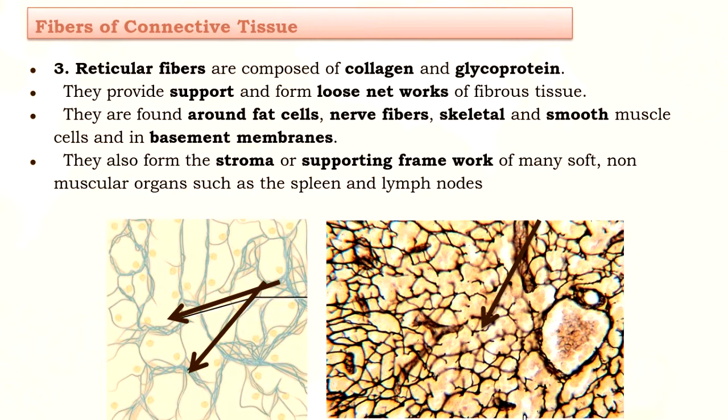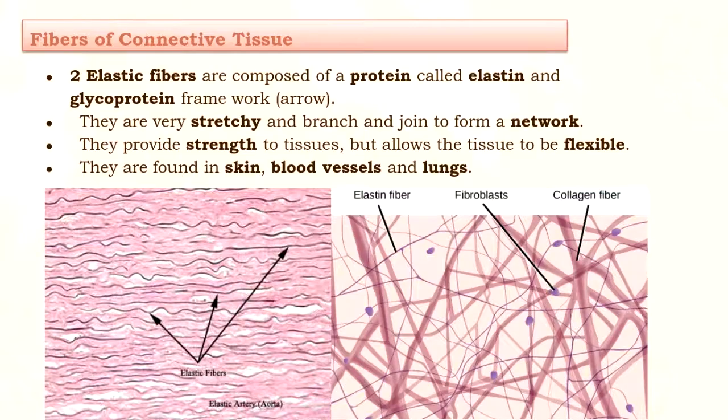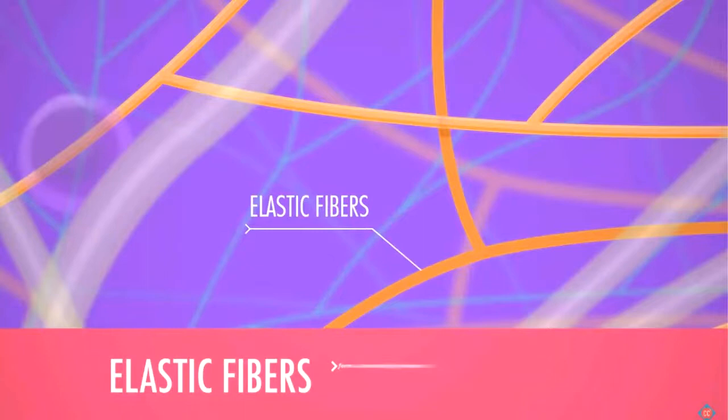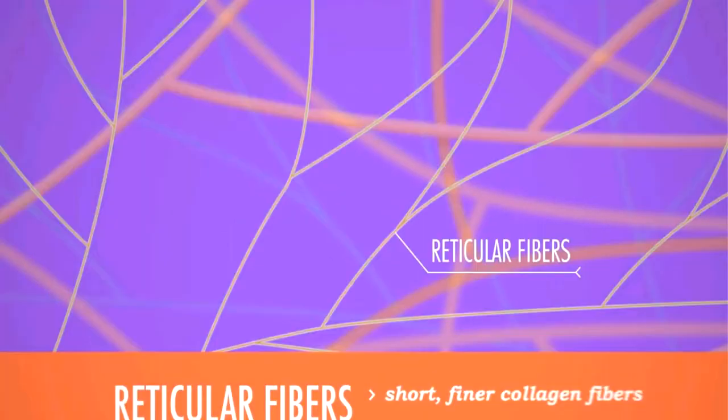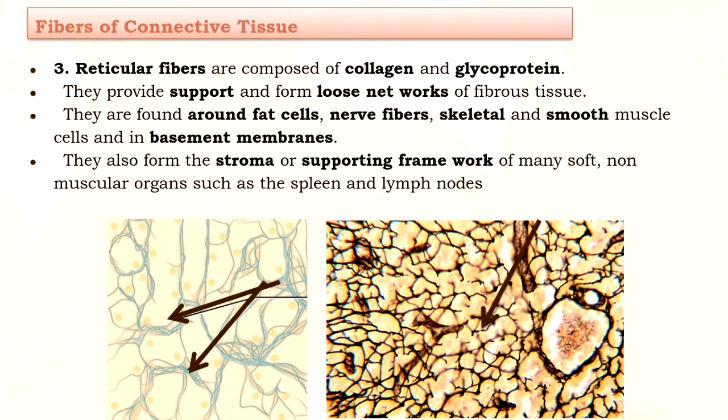First was the collagen fiber, second was the elastic fiber, and third is the reticular fiber. These are the three fibers present in the connective tissue. Before that, we saw the cellular components of the connective tissue, that is mature cells, immature cells, transient cells, and resilient cells.